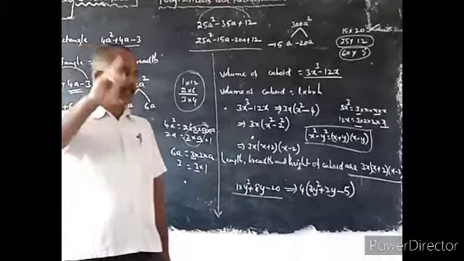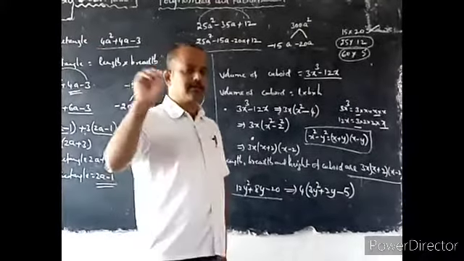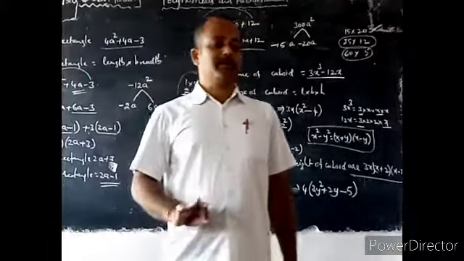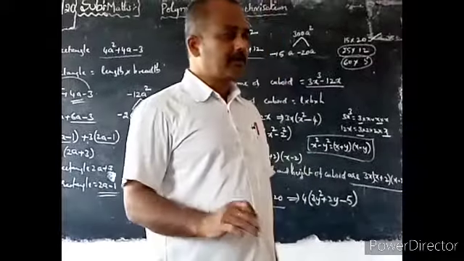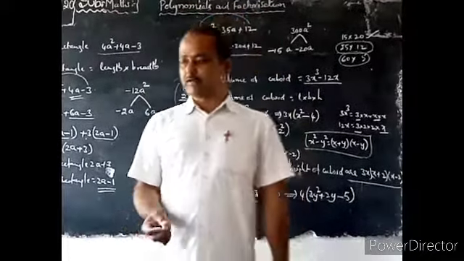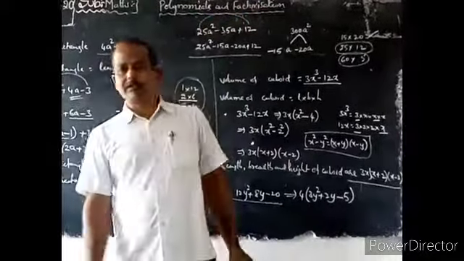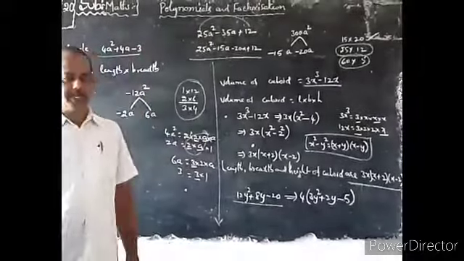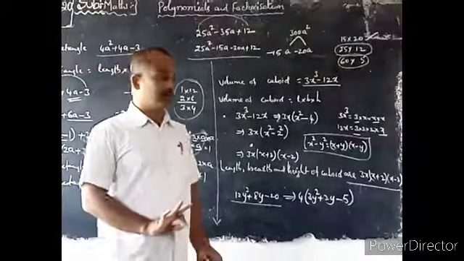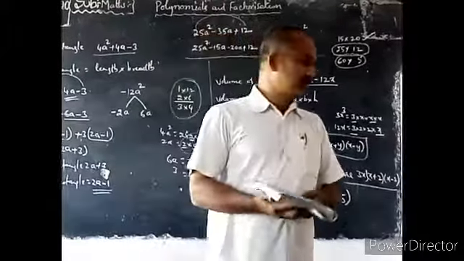It gives a minus b whole square is equal to 0. So a minus b is also 0. So a is equal to b. Okay? You can do it at home. That is homework.